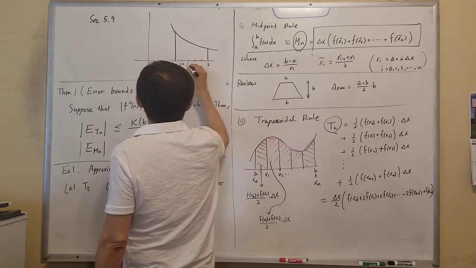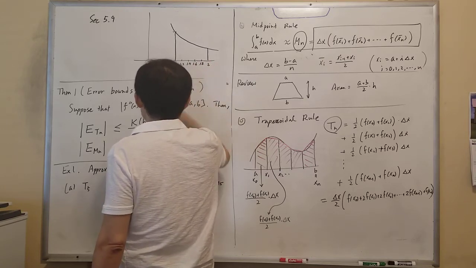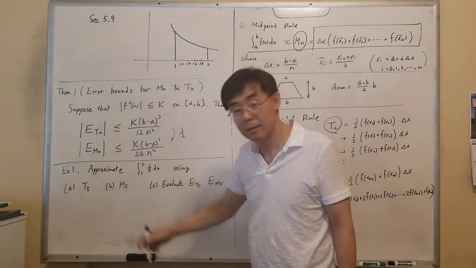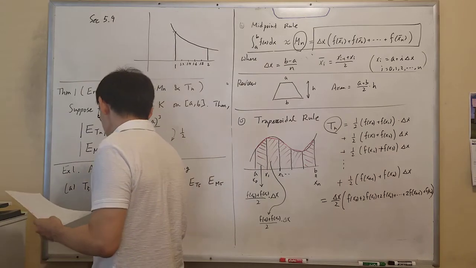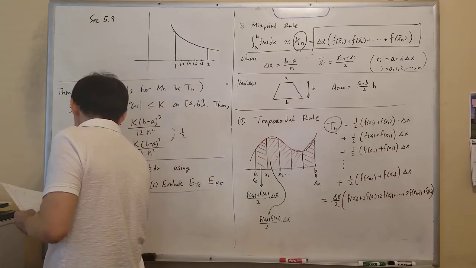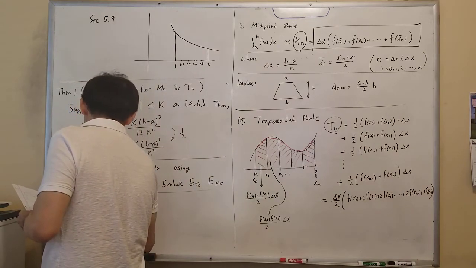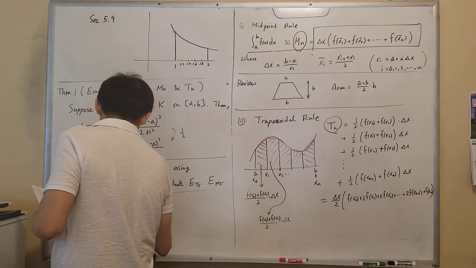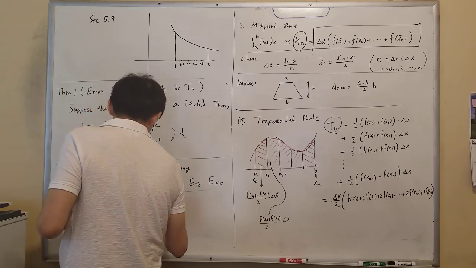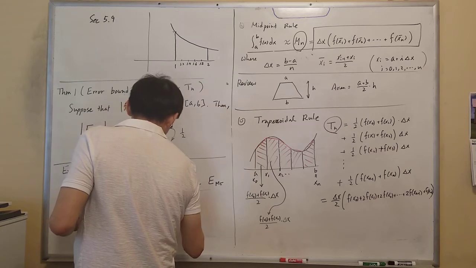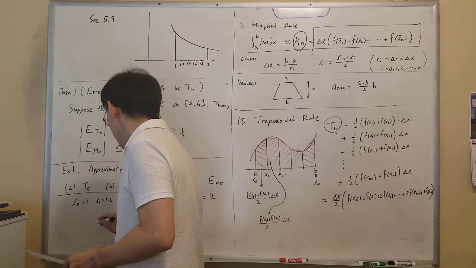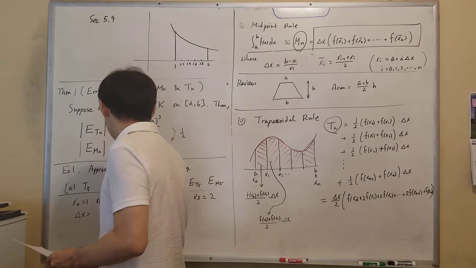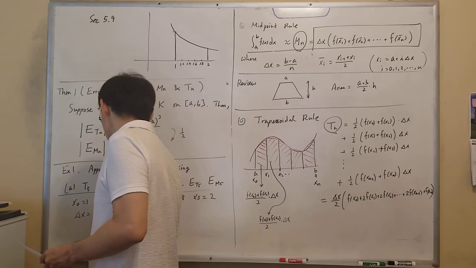So 1.2, 1.4, 1.6, 1.8, 2. So 5 intervals. Okay? So in this case, x0 equals 1, x1 equals 1.2, x2 equals 1.4, x3 equals 1.6, x5 equals 2. And delta x is the size of each length, 0.2.